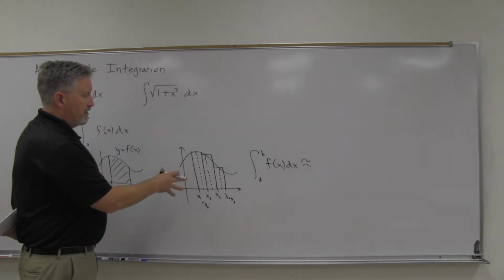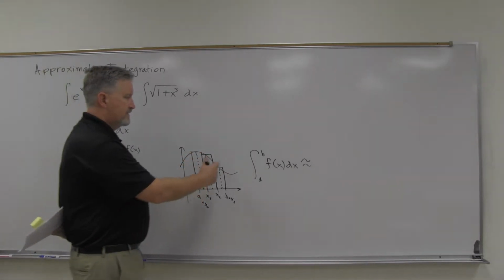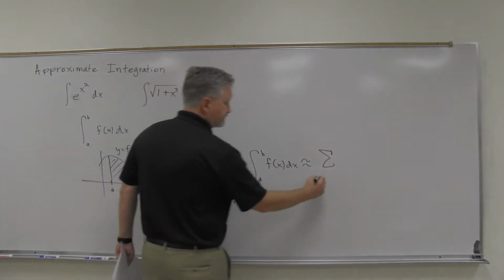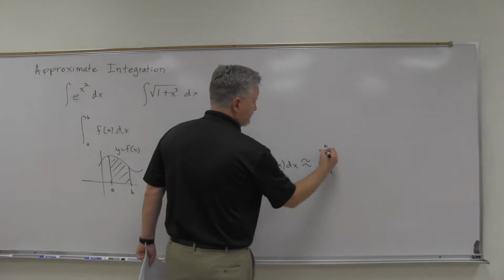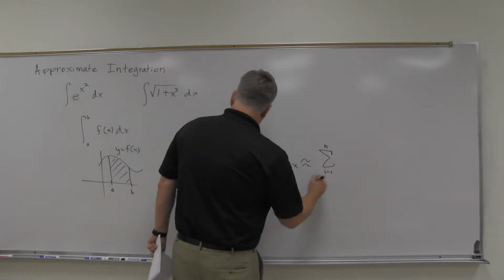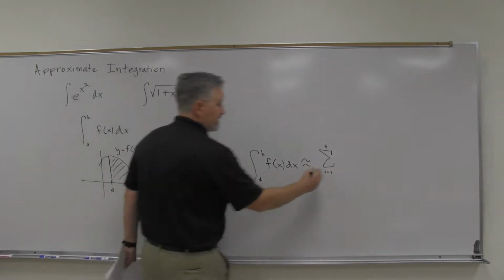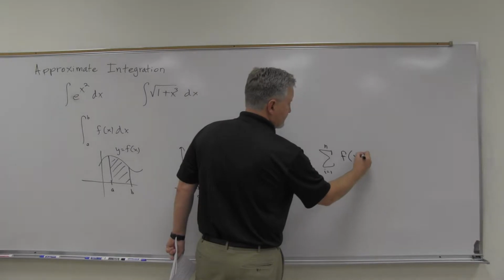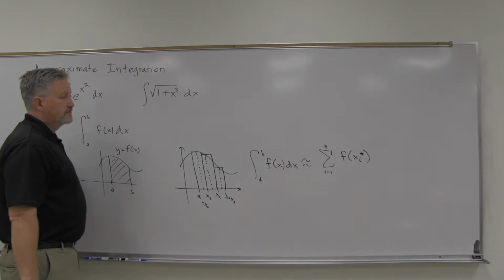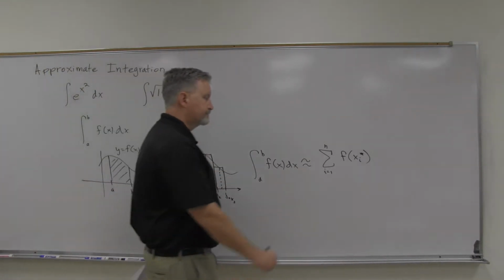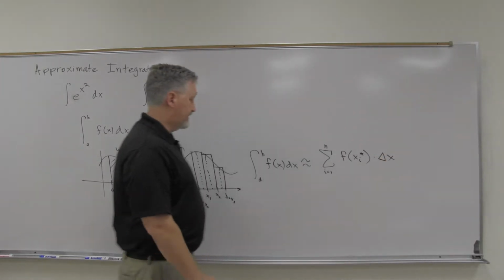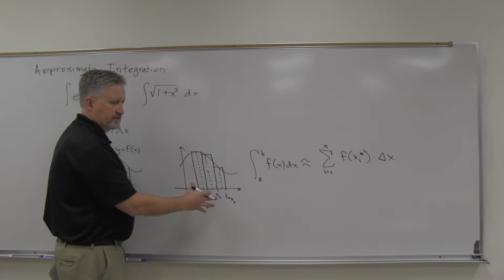So the area under the curve, the integral from a to b, is approximately equal to what we call a Riemann sum, i equals 1 to however many intervals we want. The height of the rectangles is the function value at each place that we choose, whether it's midpoints, right-hand endpoints, or left-hand endpoints, times this thing we call delta x, which is b minus a over n.